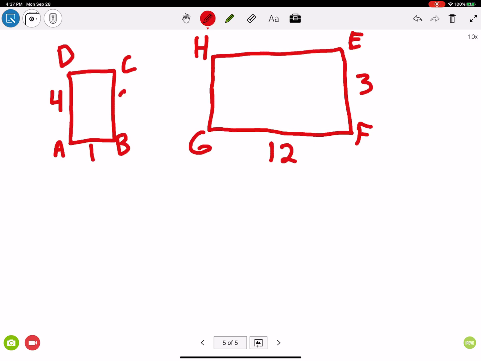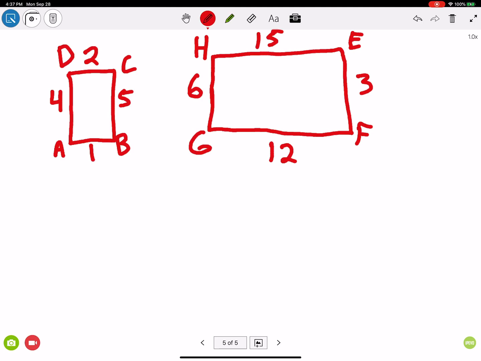Let's say this is 5 and this is 2. Let's say this is 15 and this is 6. Okay?